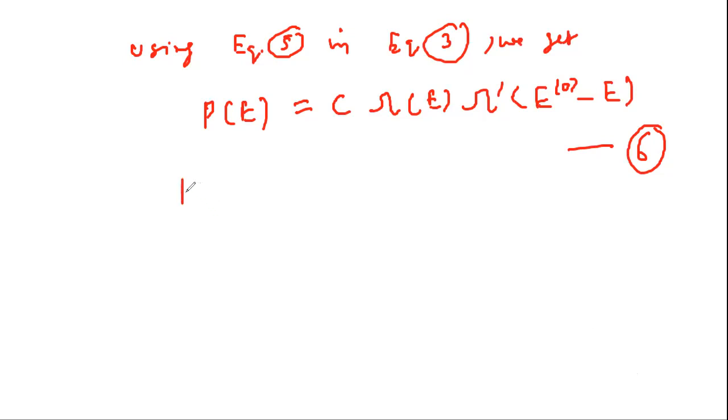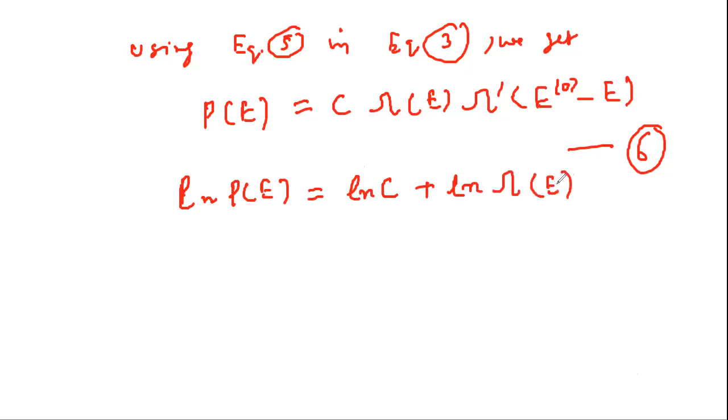When I apply the logarithm to this equation, my ln of P of E is simply, this product will become a sum: ln of C plus ln of sigma of E plus ln of sigma prime of E prime.